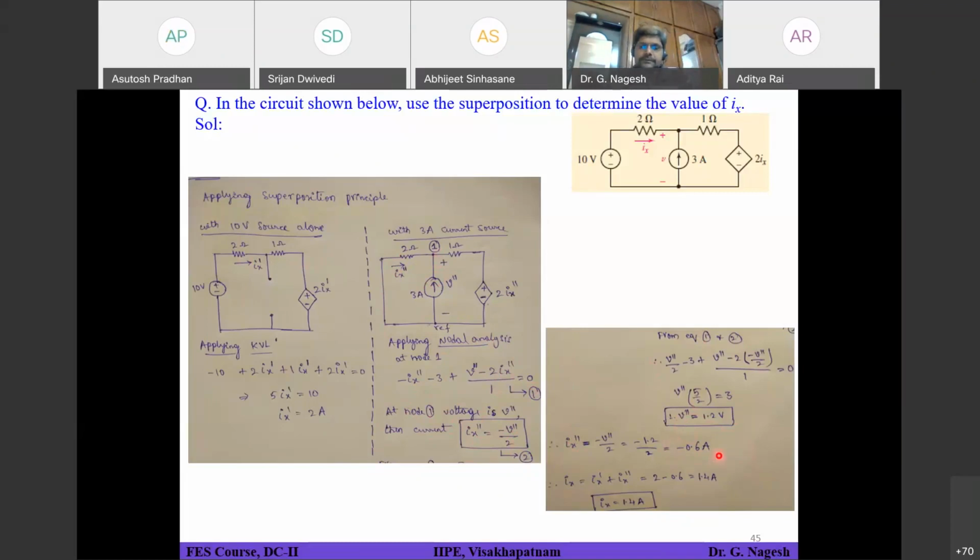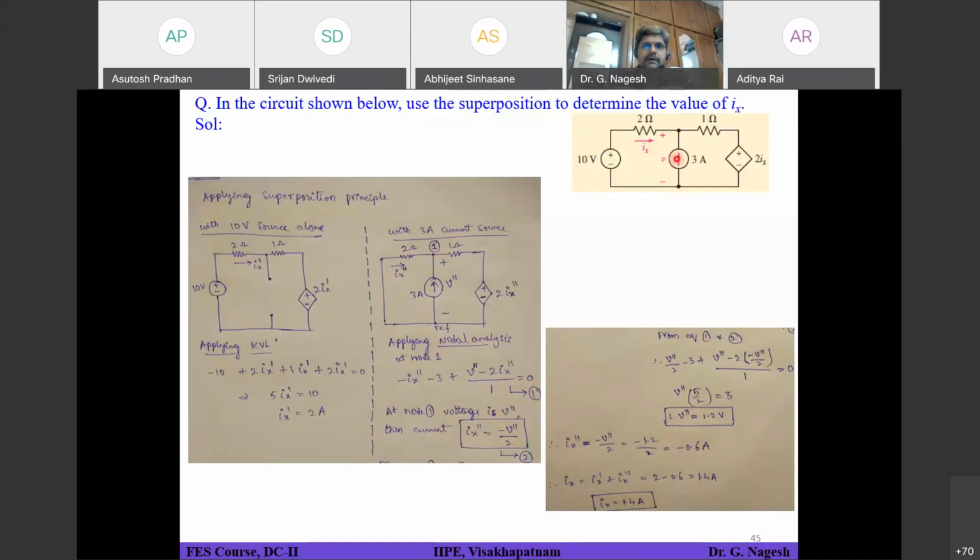Sir, what is the reason behind this analysis? The reason behind this analysis is if you have any complex circuit. Here I am showing only two independent sources.